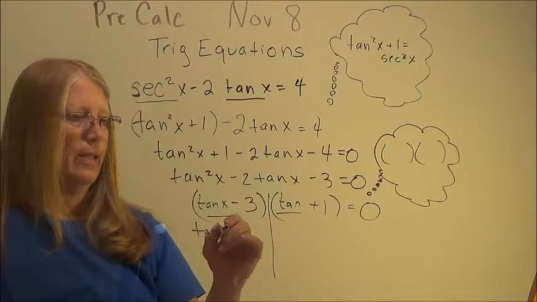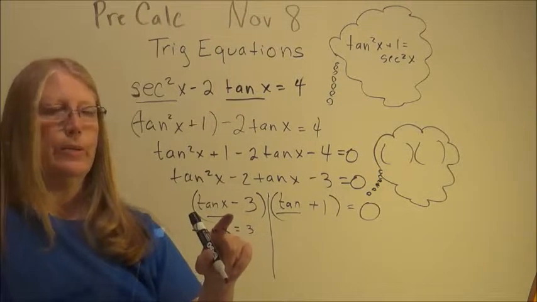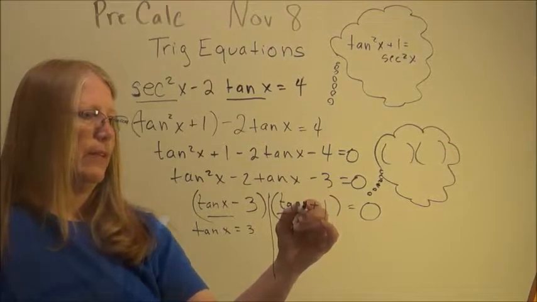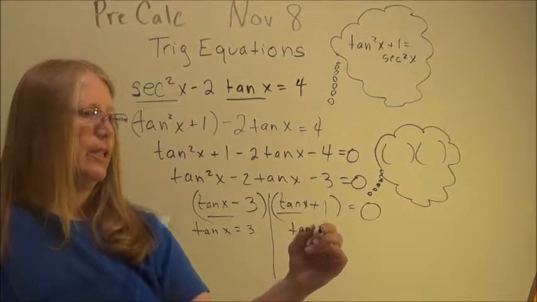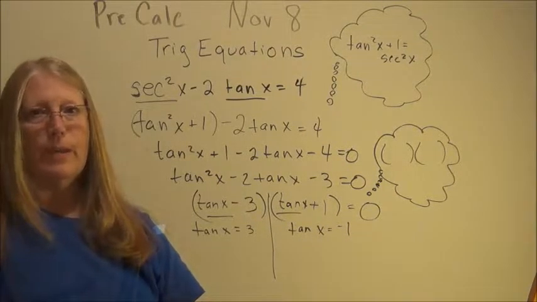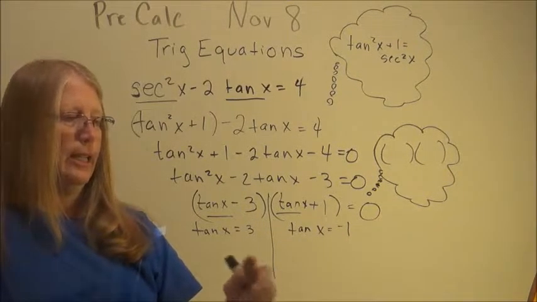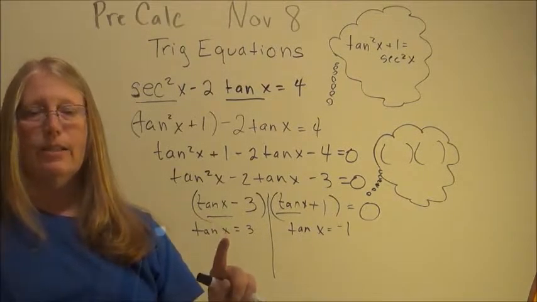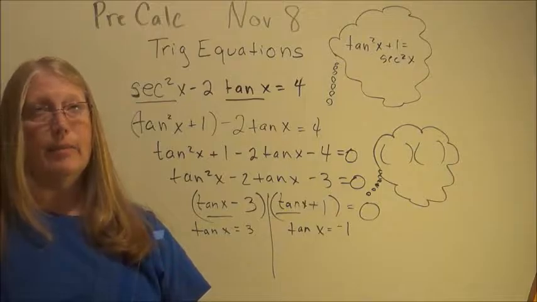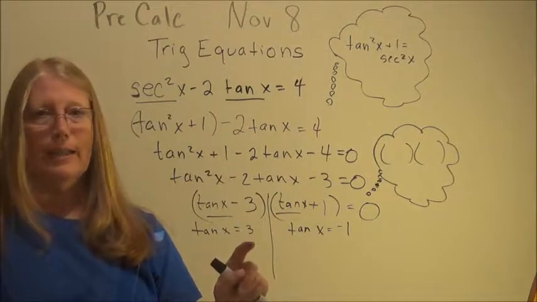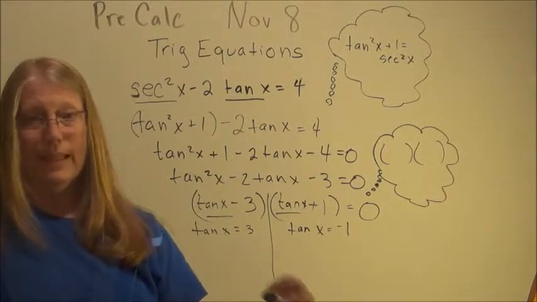Tangent x equals 3. When I set it equal to 0, I move the 3 over, and tangent, oops, we have an undressed tangent. Tangent x equals minus 1. All right, these 2 branches will lead us to all the answers, but where is there on the unit circle a tangent, which means the second coordinate divided by the first, that gives you a 3? I don't think so. It doesn't exist.